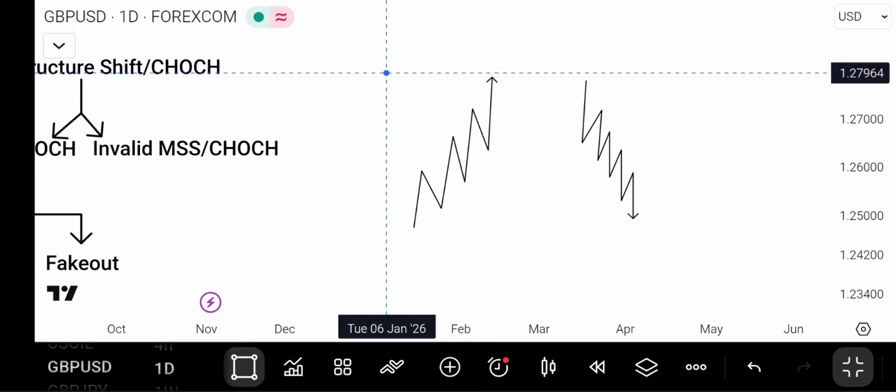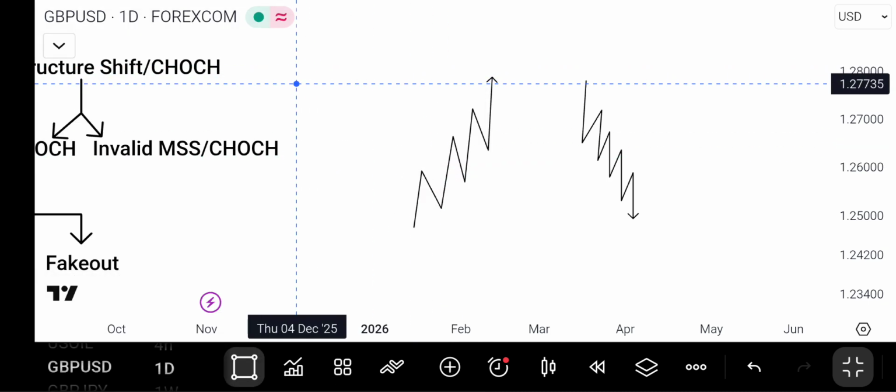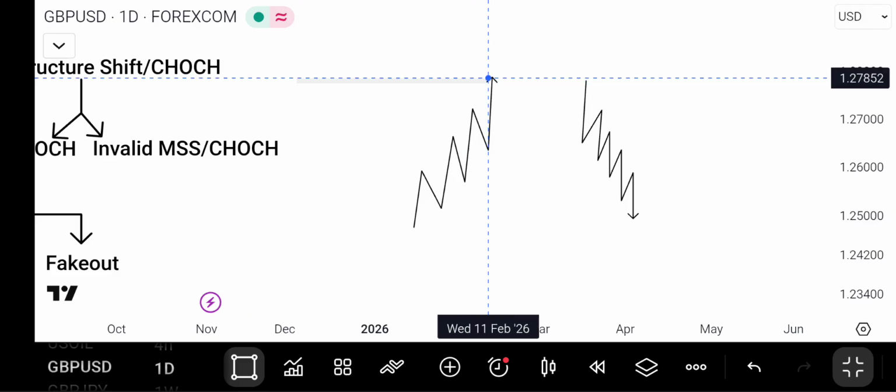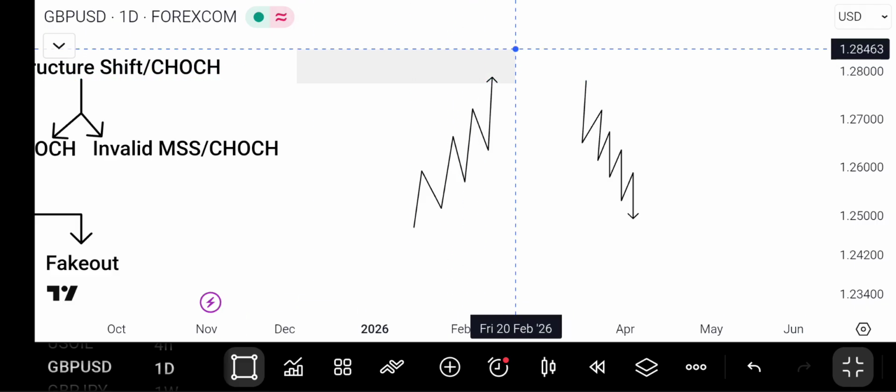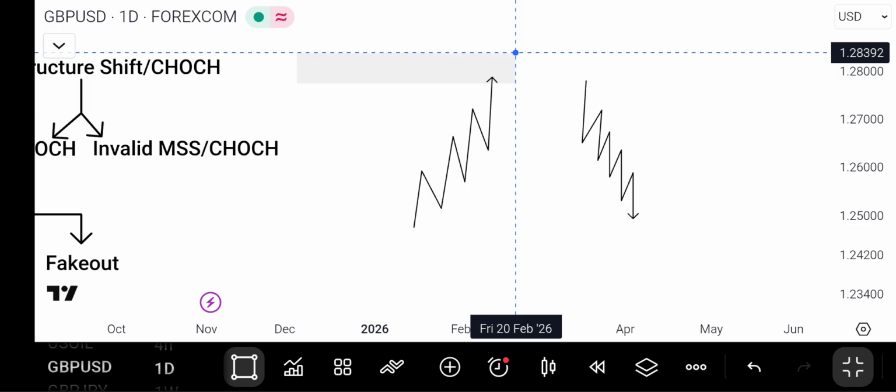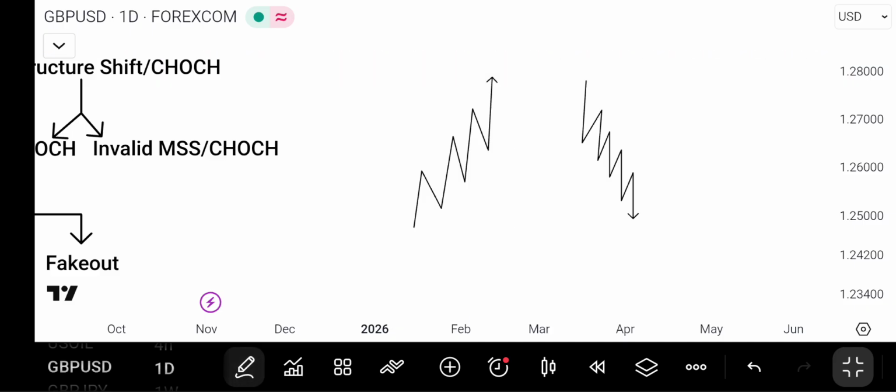Let me list the rules for identifying a valid market structure shift. Or rather, let me say invalid. We treat the valid market structure shifts.